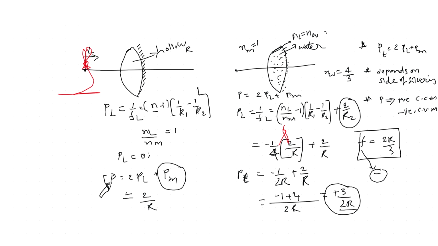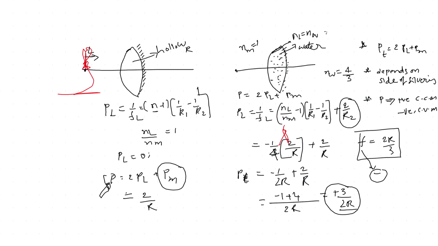So indirectly you can say, by seeing these diagrams, this silvered lens behaves like a concave mirror, because after silvering you come to the mirror shape, the concave mirror shape. A plane surface gives a plane mirror, like that.